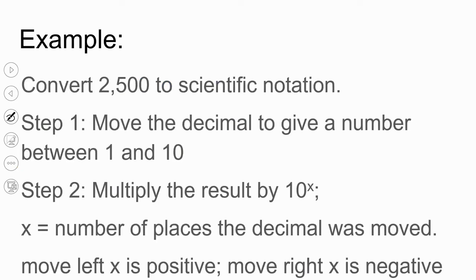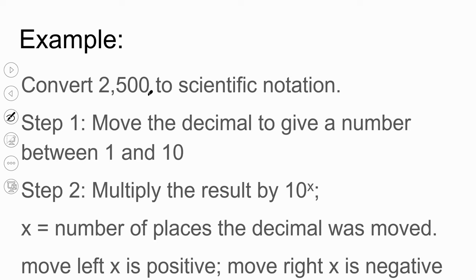So if I have this number, 2,500, and I want to convert it to scientific notation, what do I do? Okay, close. You're moving the decimal. So we want to move this decimal here.